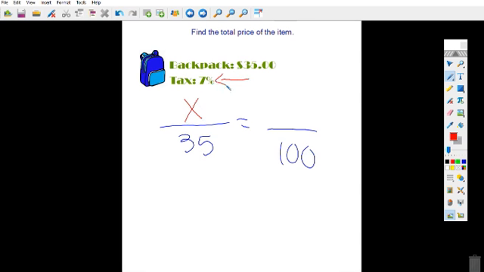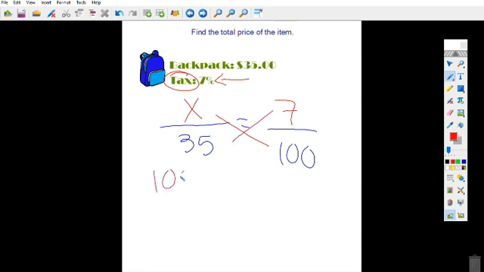Our rate is 7%. Now, this time it's tax. Okay, tax is what you add on to your price. So when we find the change, we have to add it to the original price. Don't subtract it. It's not a discount. It's tax.